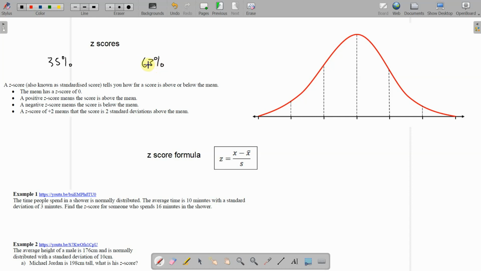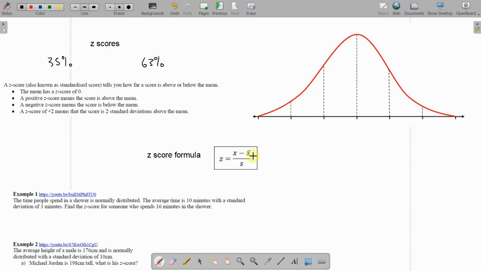What Z-scores do is have a true comparison, because you compare your score with the average. That's basically what Z-scores do. So this might have been a really, really hard test, and that might have been a really, really easy one. So what Z-scores do is help us compare one test to another one.